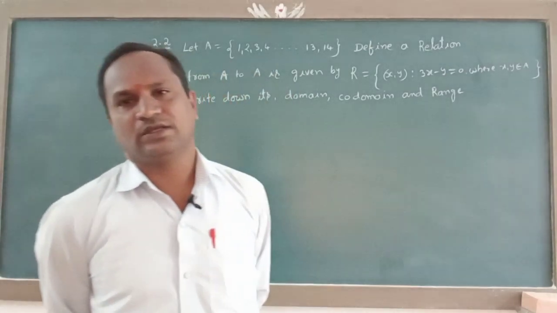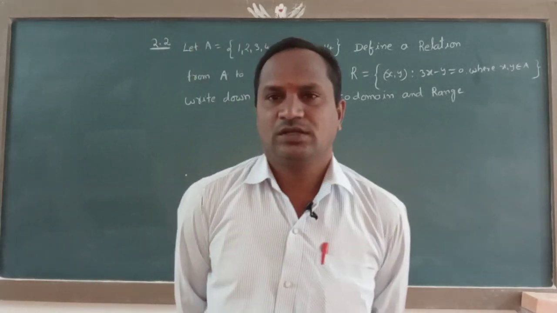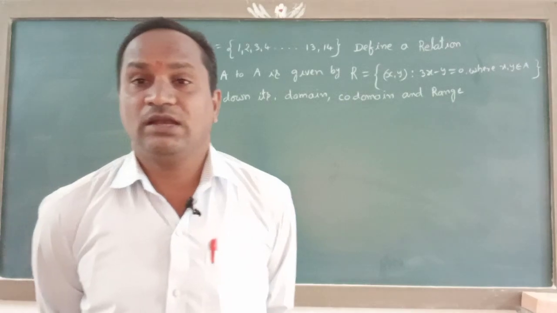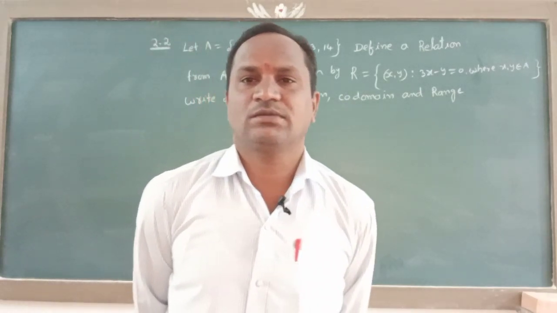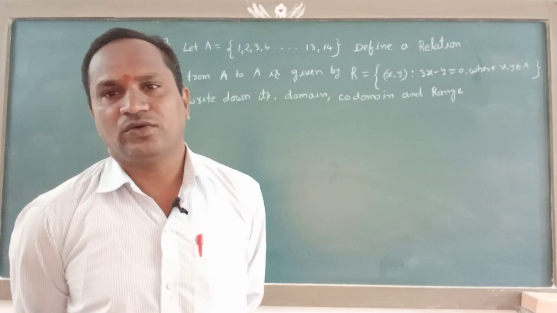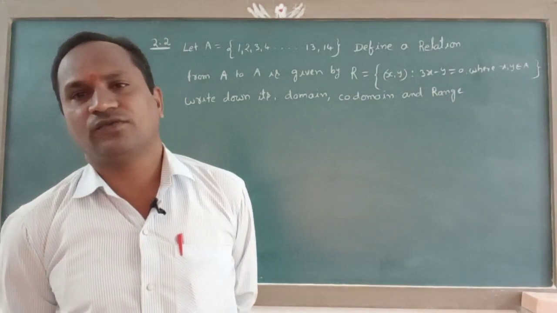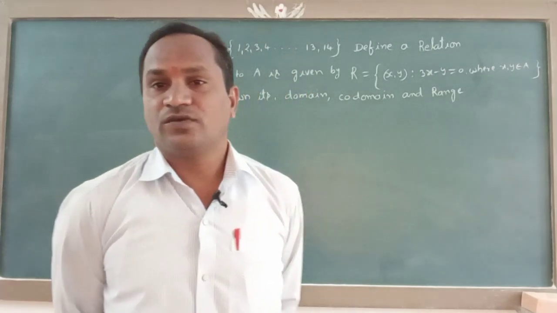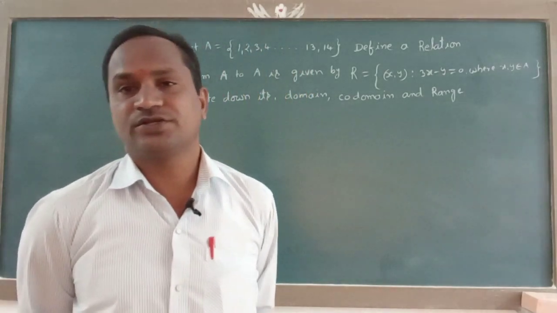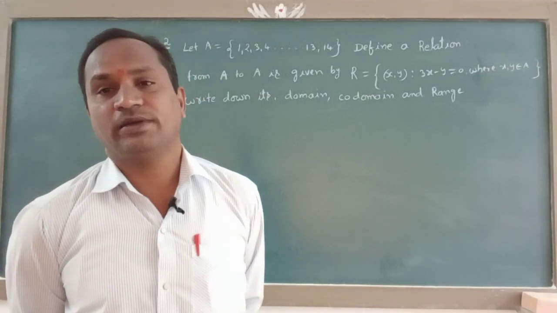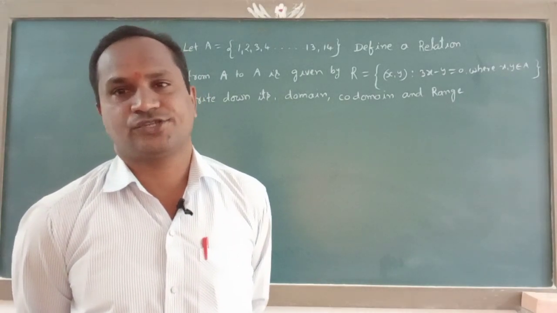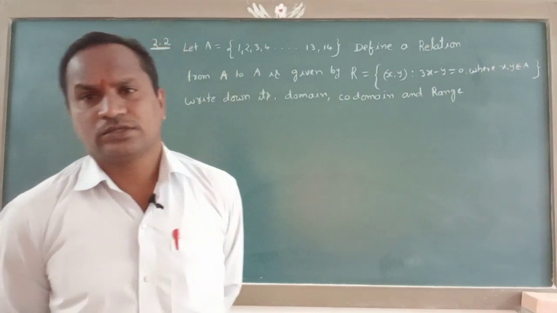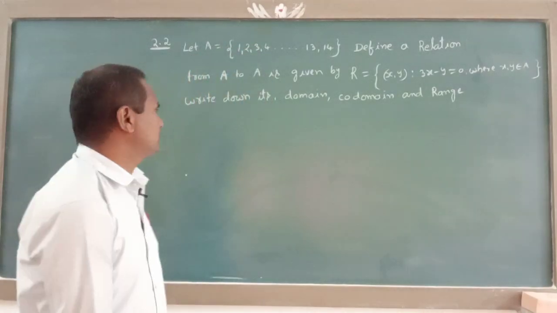They give the set of elements also. They define one set: A is equal to 1, 2, 3, 4, and so on up to 13, 14. Up to 14 elements they gave here. With the help of all these 14 elements and the given definition, we are going to find domain, codomain and range. Let us now solve this question. Solution to this question.